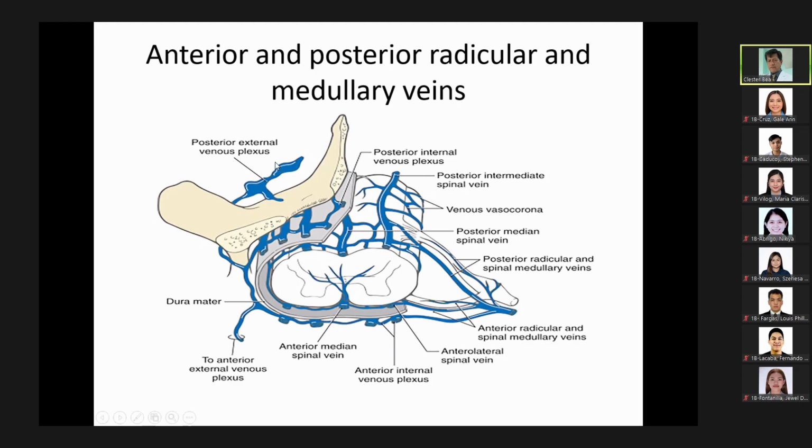Because venous blood can travel via the venous plexuses from different parts or regions of the body, it can seed the vertebral column with metastatic cells via the vertebral venous plexuses.